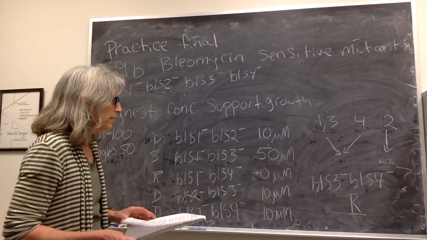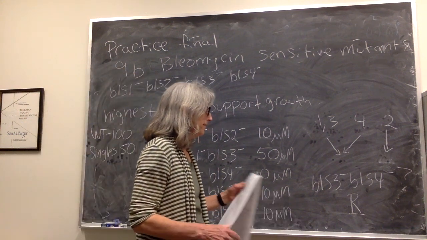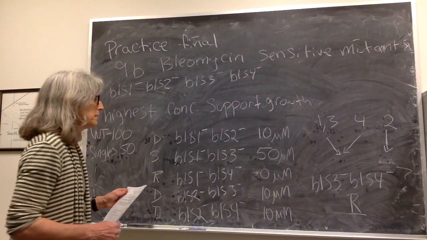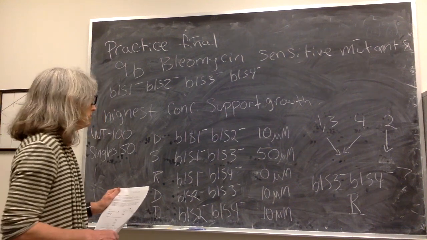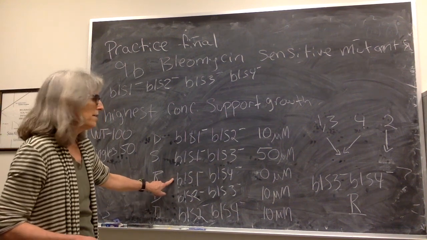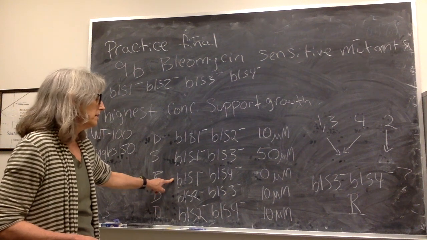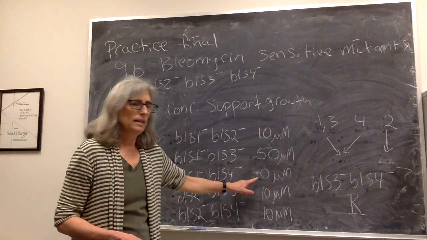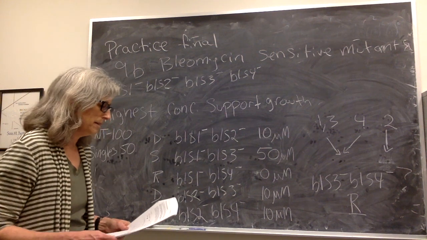And if they were functionally redundant, then we would expect that the 3-4 double mutant will look just like the 1-4 double mutant and will not be able to grow on plates that have any concentration of bleomycin on them.